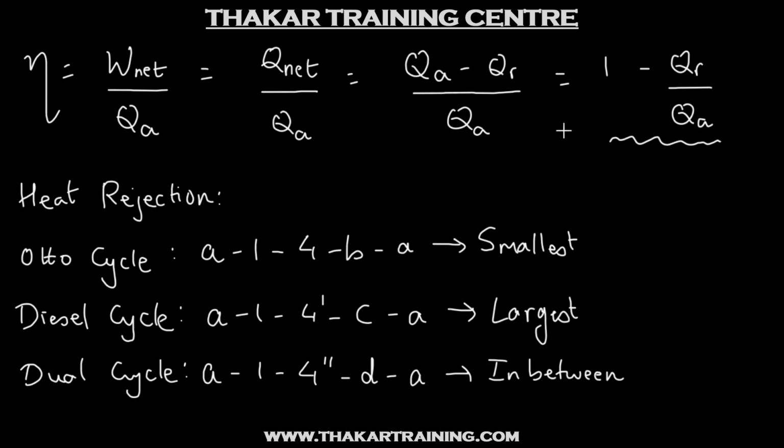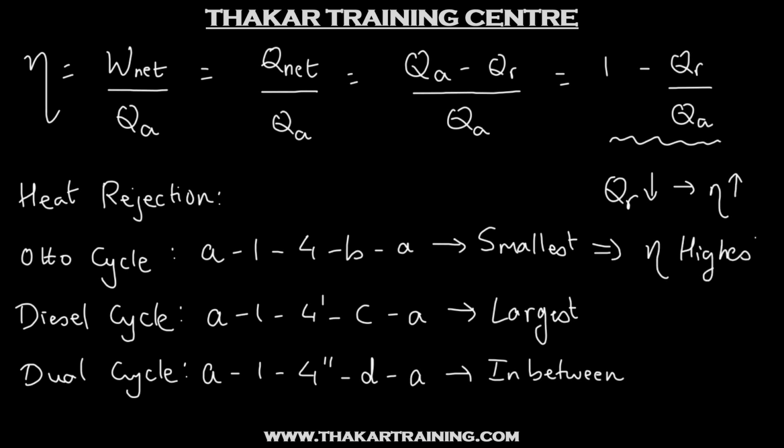So can you think now what the efficiency comparison will be? If QA is the same, that is, the denominator is the same, then obviously the lower the numerator, the more the efficiency. The lower the heat rejection, the greater the efficiency, because we are going to subtract the lesser number from 1. So which will have the highest efficiency?